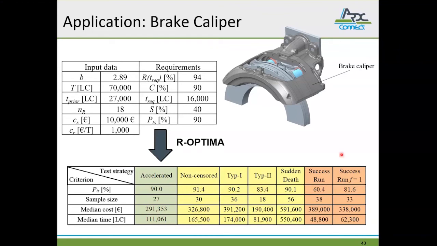And then we have the success run tests, and we see that we have higher cost, much lower time, but we cannot fulfill the requirement at all with the success run test. And even if we consider one allowed failure during the zero failure test, we can increase the probability of test success, but not achieve the requirement.